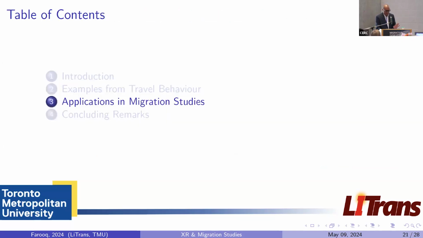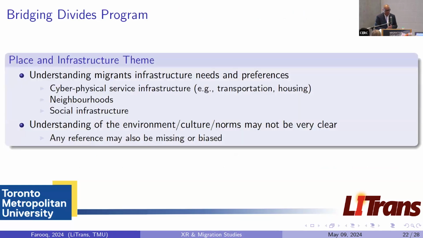Last 5 minutes I'll spend on what we can do in migration studies. With Sandeep, I'm co-leading the place and infrastructure team, and there I'm focusing on understanding migrants' infrastructure needs and preferences in terms of cyber-physical services and infrastructure, whether it's transportation, whether it's housing and so on, neighborhoods, social infrastructure, and so on.